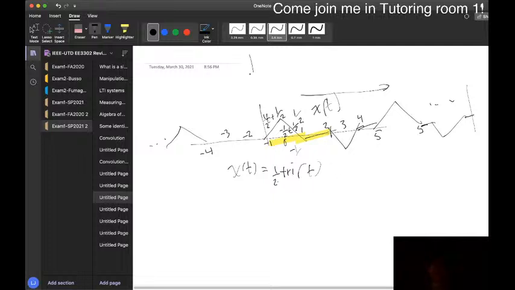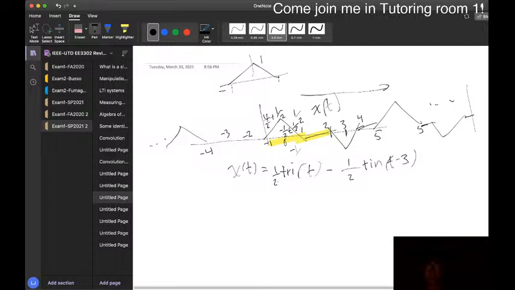Remember the triangle function is just from -1 to 1, and then it has peak value of 1. That's that, and then it's shifted over. Apply 1/2 triangle t minus 3, just because this one is centered at 0.